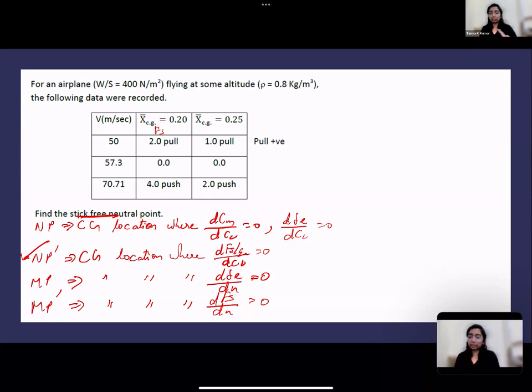You need to find out dFs by Q by dCl, the point where that slope goes to zero. That is where you find your stick-free neutral point.